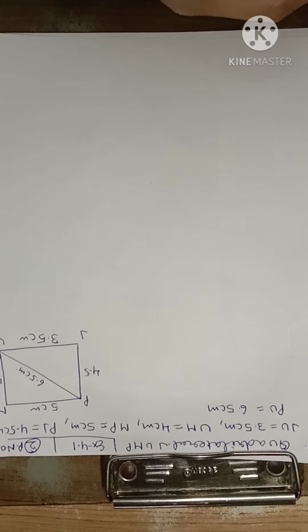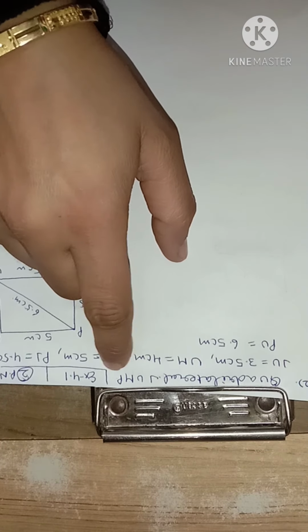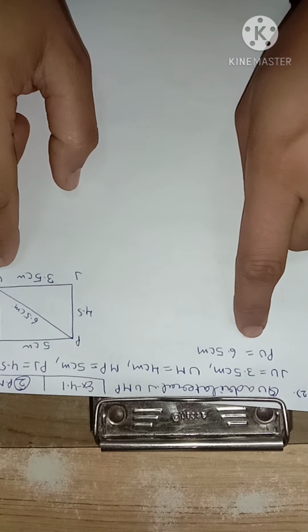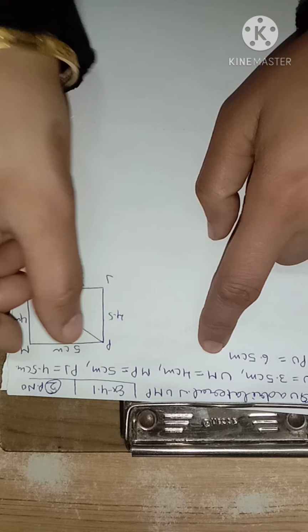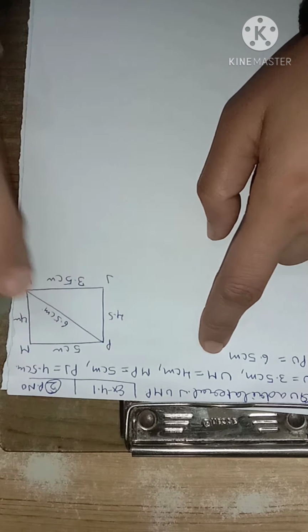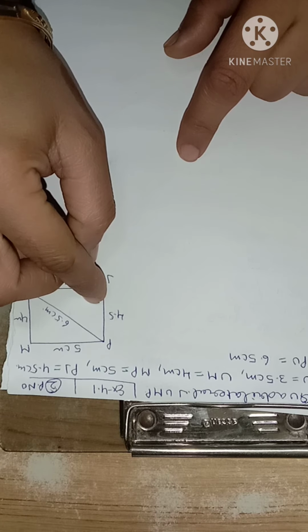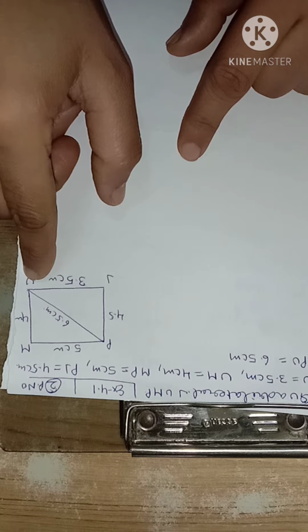Next is question number 2. Here a quadrilateral JUMP is given. JU is given 3.5 centimeters, MU is given 4 centimeters, PM is given 5 centimeters and PJ is equal to 4.5 centimeters. PU is given 6.5 centimeters.